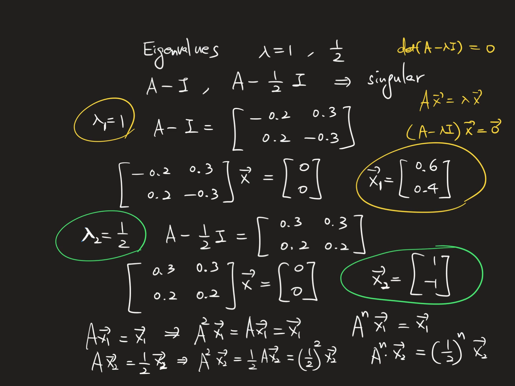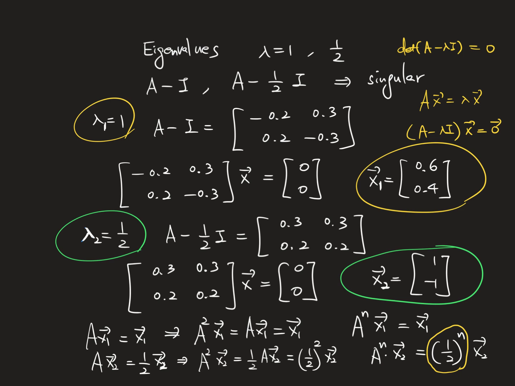So if the input vector has a component in the x2 direction, it will fade out because we have 1/2 here. For example, after a long evolution, say 100 times, we multiply 1/2 to the 100, and it will fade out.